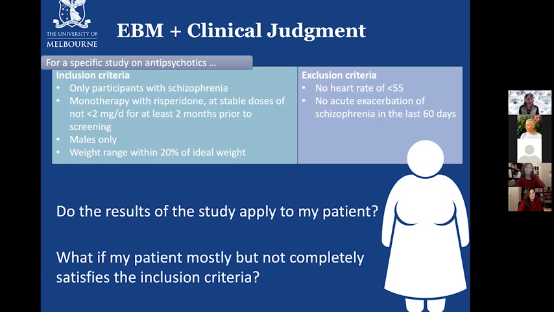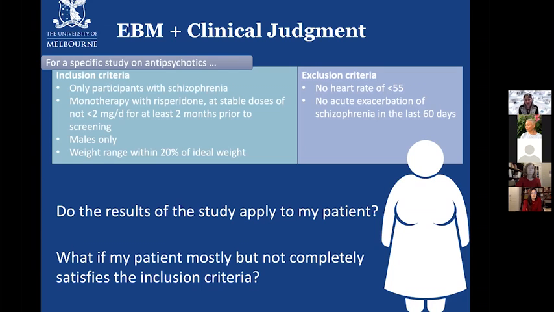The study says it's only relevant to patients with schizophrenia, males only, and weight within 20% of ideal weight. And a patient walks into my office who is obviously not male, and probably not within 20% of ideal weight.